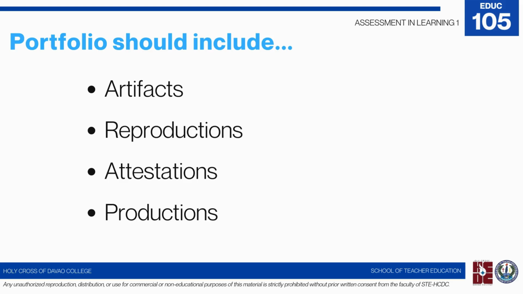Attestations are documents provided by higher authority than our learners. For example, the feedback in writing provided by the teacher, the peer evaluation results, or any observation or anecdotal records. They can also put inside the portfolio the productions, such as works that are specifically prepared by the student to demonstrate their learning. Examples are the creative outputs, presentations, or a final research output.